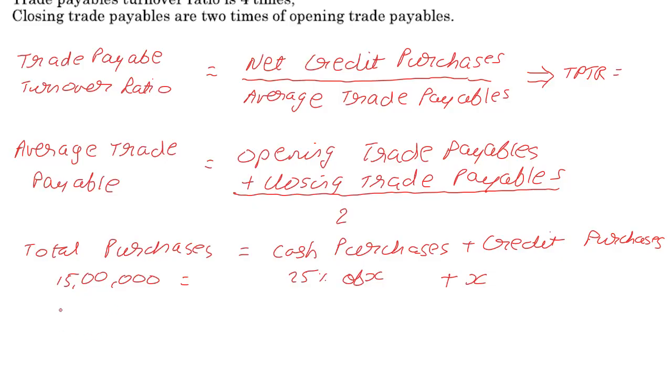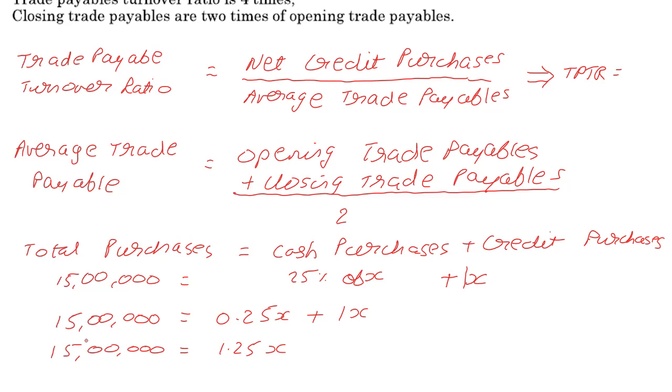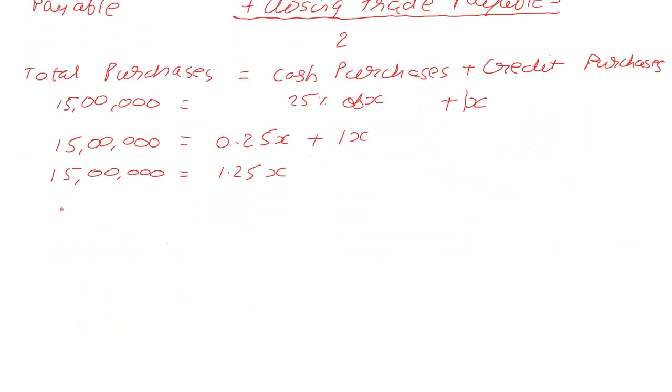So we have 15 lakhs is equal to 0.25x plus 1x, which is 1.25x. Now we can say that 15 lakhs upon 1.25 is equal to x.